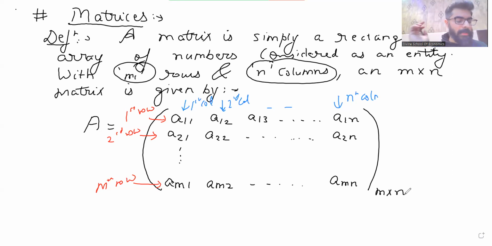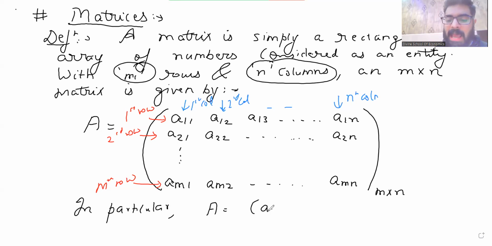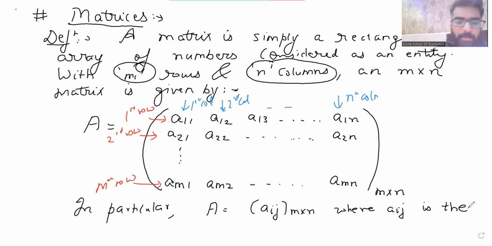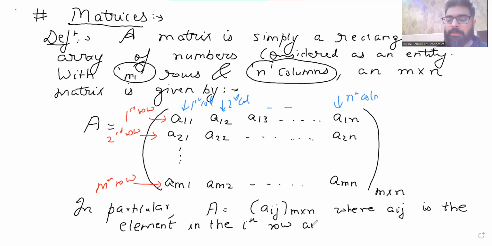I can write the matrix A as Aij, m cross n, where Aij is the element in the ith row and the jth column.